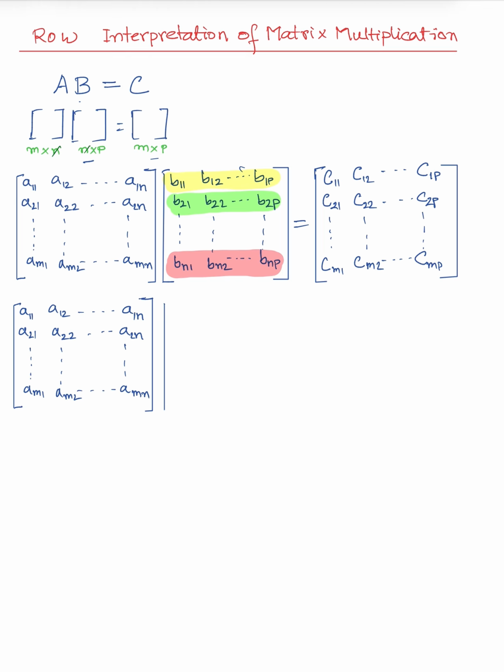So here we have B11, B12 until B1P. This is going to be converted into B1J. Similarly, the second one would be B2J. And the last one is going to be BNJ.